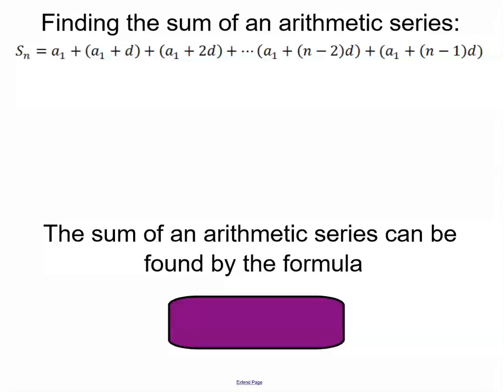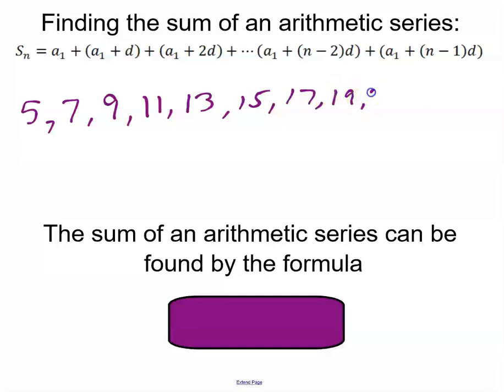And so here I'm just going to write an arithmetic sequence, a specific arithmetic sequence. I'm just making one up real quick. So we'll say 5, 7, 9, 11, 13, 15, 17, 19, 21, 23, 25.